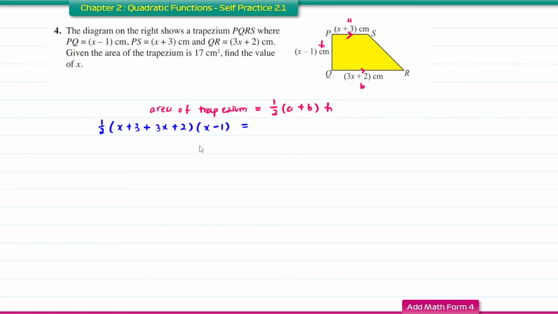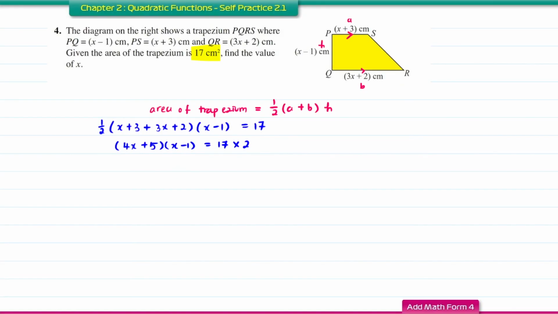After you calculate it, it will give you the answer of 17. So next, we're going to move this 1/2 to the other side, and we're going to solve for the like terms in this bracket. So x plus 3x is 4x plus 5, times x minus 1, equal to 17 times 2. As we move 1/2 to the other side, it will become times 2.